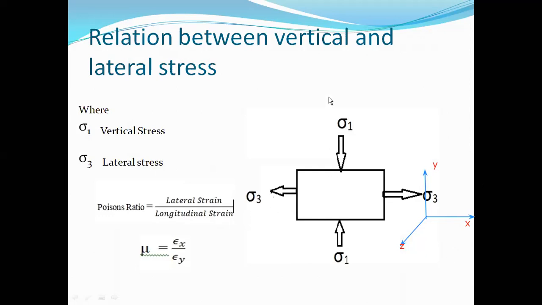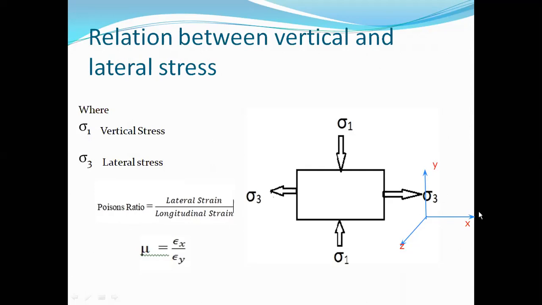Now we need to find out what exactly the relation is. In order to find the relation between the vertical and the lateral stresses, we'll be using the definition of Poisson's ratio. What exactly is Poisson's ratio? As we discussed in earlier video lectures, Poisson's ratio is the ratio of lateral strain to the longitudinal strain.